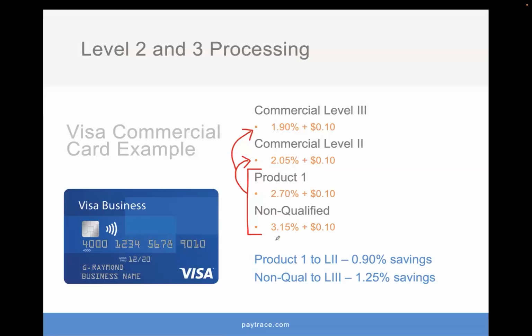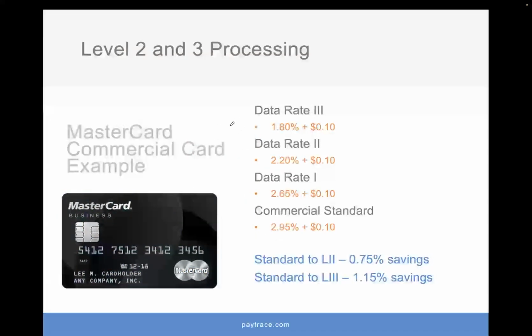It could be as high as 1.25 or 125 basis points being reduced, just depending on how that card is qualifying today. So a lot of value in that. MasterCard is very similar. What they call data rate three, their level three rate, is about 1.8%. We want to avoid any sort of suboptimal or downgraded rates. A lot of money is being left on the table in those cases.